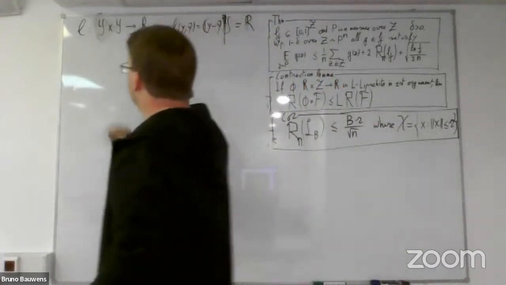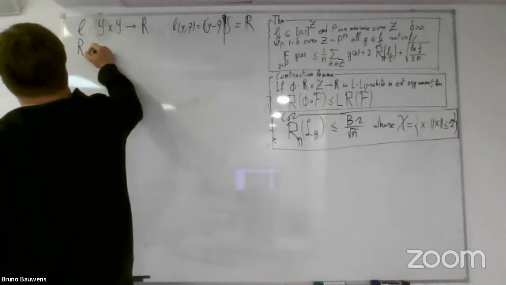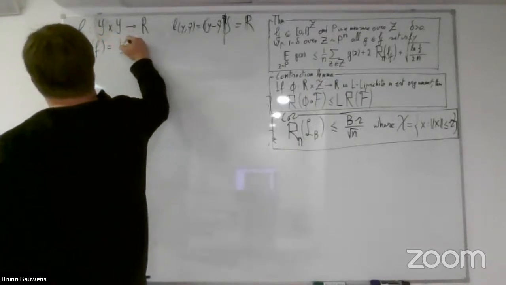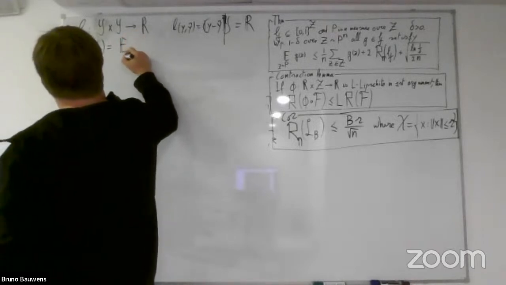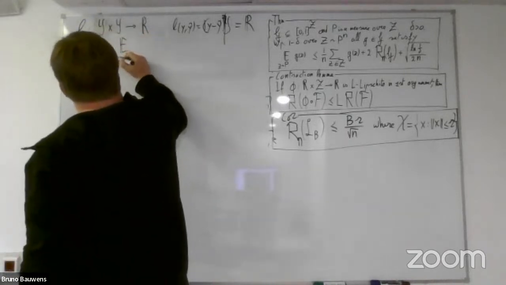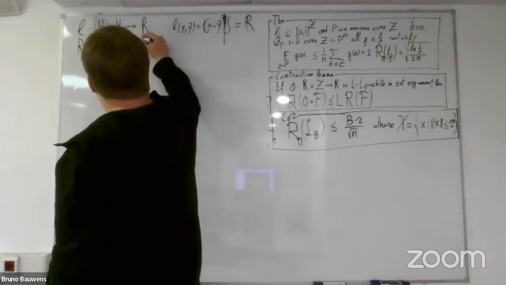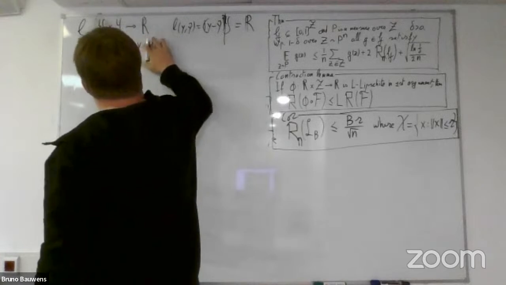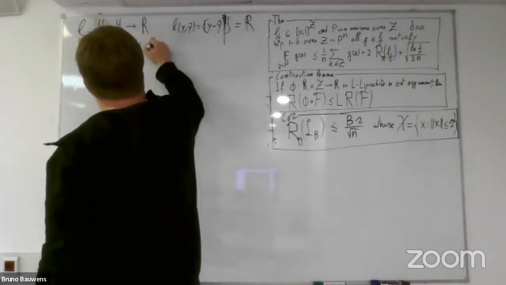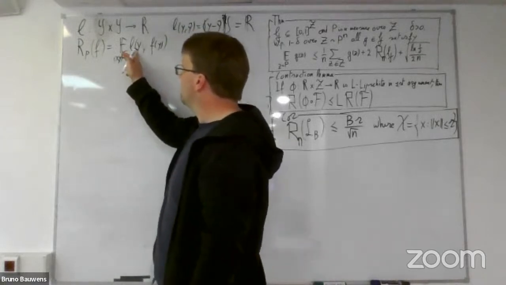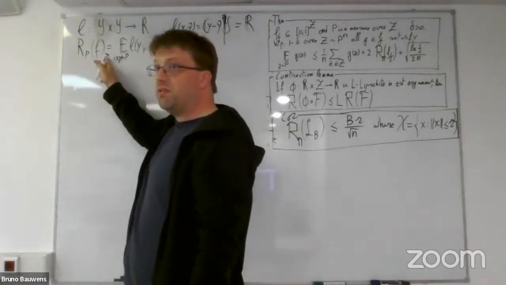Then the risk will be defined using the loss function. It is just the expected value over the pair xy drawn from p, because we are in an agnostic setting, of the loss of f of x and y. We fix in each result the loss function, and this is the definition of risk.